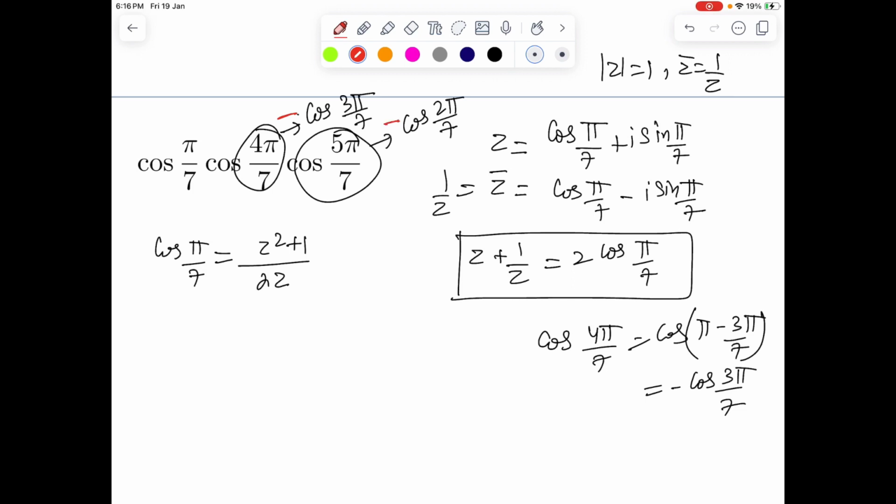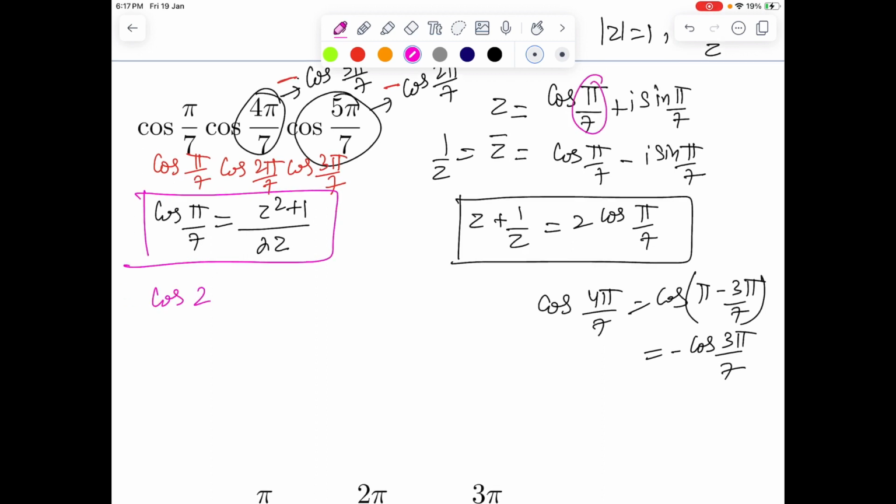So this quantity is minus cos 3 pi by 7. Similarly, cos 5 pi by 7 is minus cos 2 pi by 7. Of course it will give a minus sign, but minus times minus will be plus. So equivalently, the question reduces to cos pi by 7, cos 2 pi by 7, and cos 3 pi by 7.